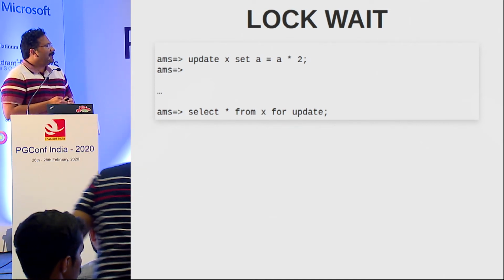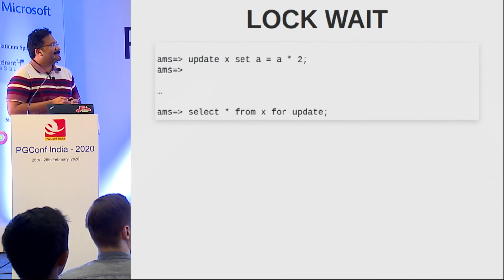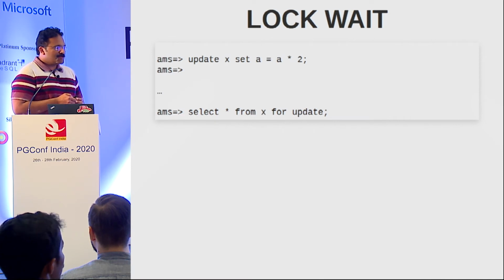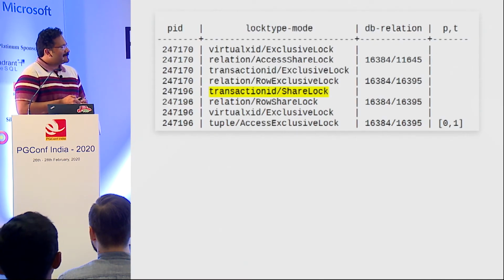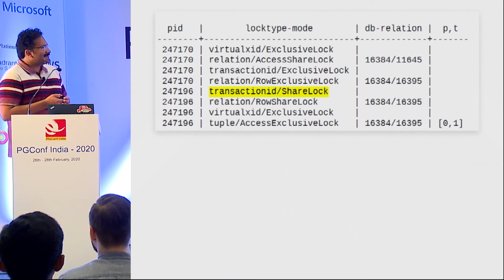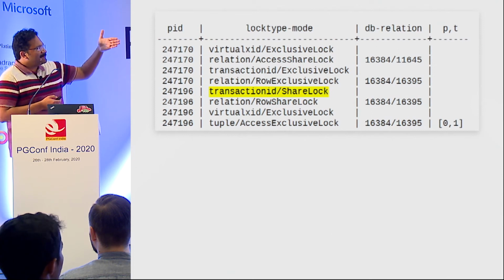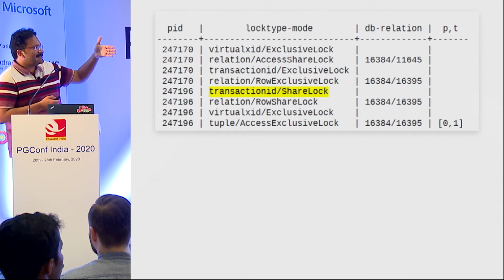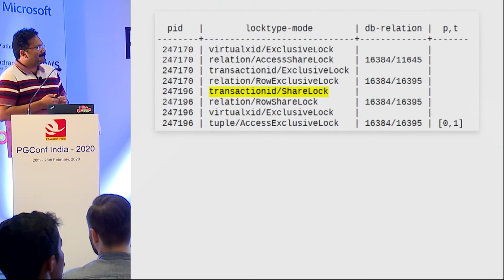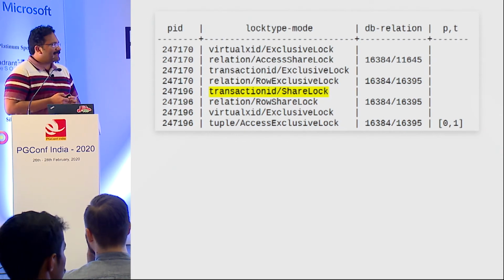Now, the problem here is that the first session has already acquired locks on that table to update it. And we can see here, again, severely compressed output. It's ordered by PID, so the first 4 locks are held by one session, the one that did the update. The last 4 locks are held by the session where I ran select for update. The yellow thing in the middle is a lock that isn't granted.